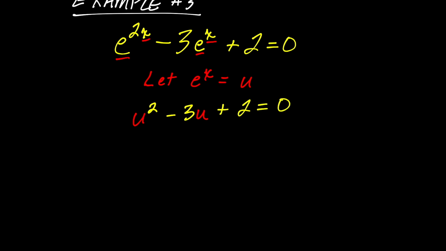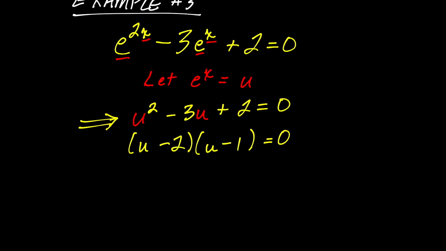So this is much easier looking to factor. We need to factor this to solve it. We like to use the zero product property. So we have factors of positive 2 that add up to negative 3, and those would be negative 2 and negative 1.